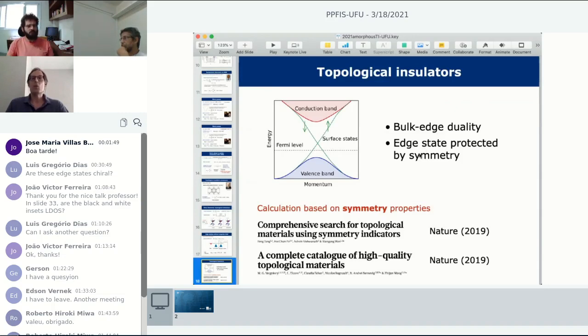Furthermore, all this is nice because these edge states are topologically protected against different classes of impurities or defects, no? And this protection by symmetry is quite robust. Supposedly these guys should survive different kinds of disorder.